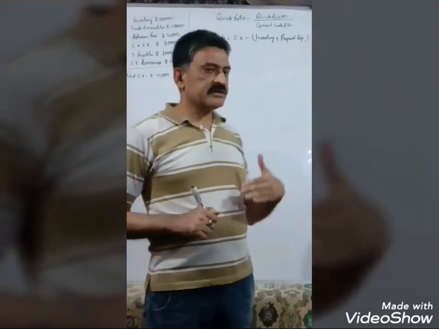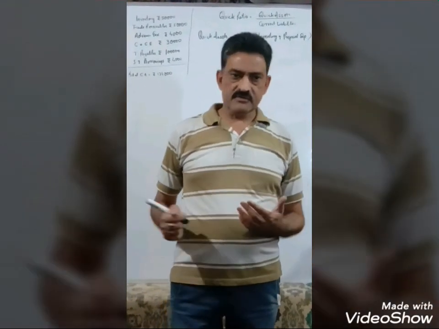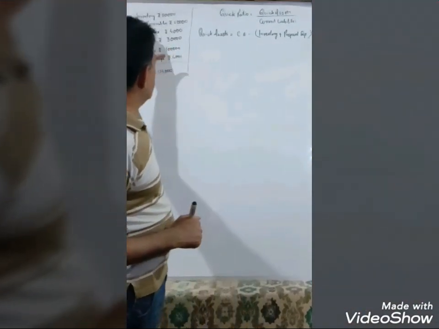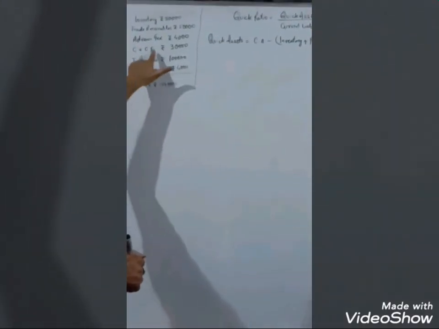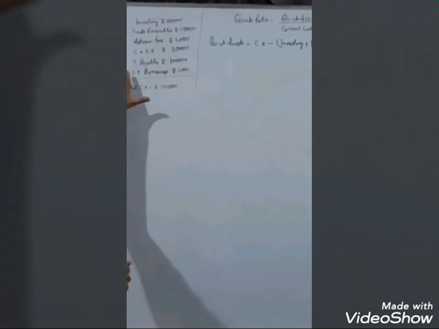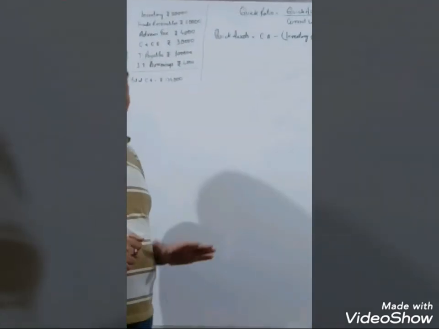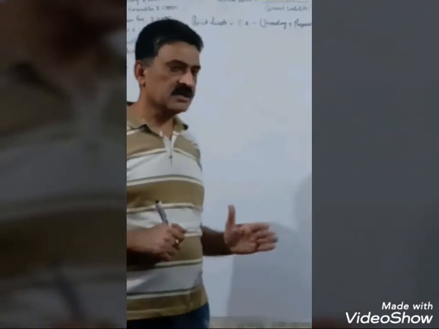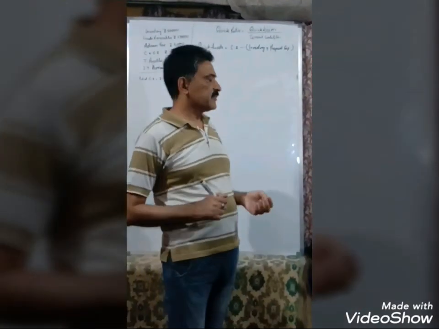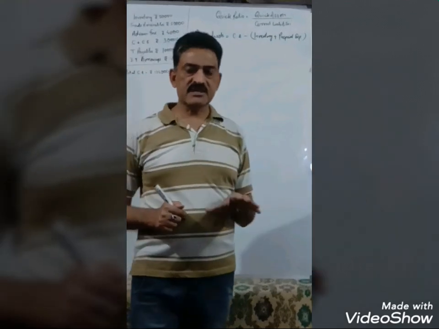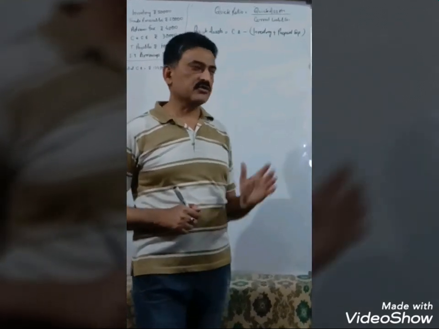Now again we will take the first example that we took for the calculation of the current ratio. The figures are inventory rupee 50,000, trade receivable 50,000, advance tax 4,000, cash and cash equivalents rupee 30,000, trade payables rupee 1 lakh and short term borrowings rupee 4,000. This is the information that we used for question number 1. Now on the basis of similar information, we will calculate the quick ratio.